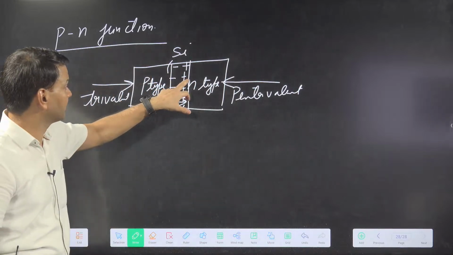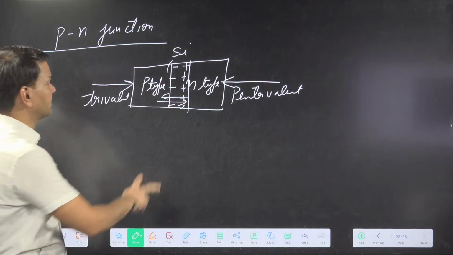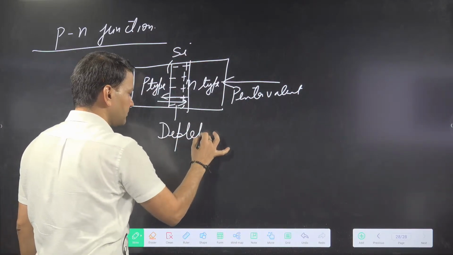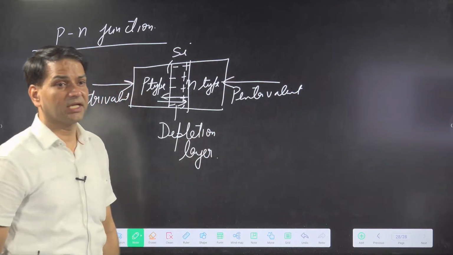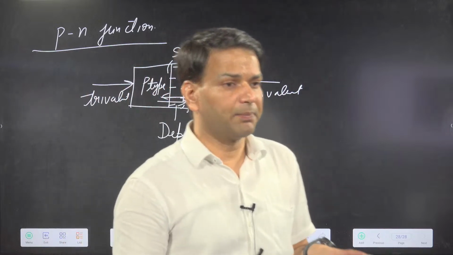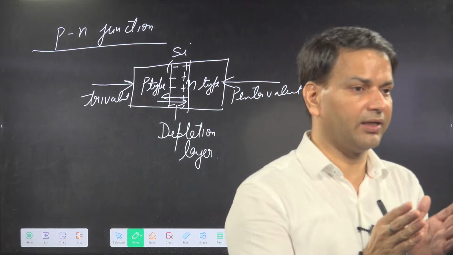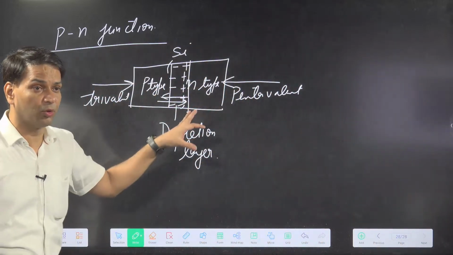So positive develops on the N side and negative on the P side. This is called the depletion layer. So what is the depletion layer? The depletion layer is formed due to the immobile ions. So these positive and negative charges are the immobile ions.